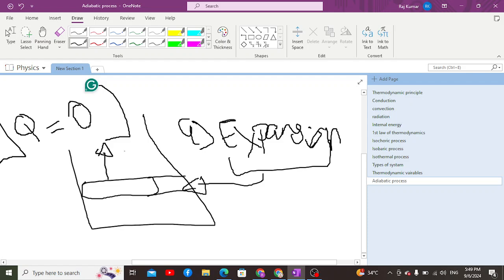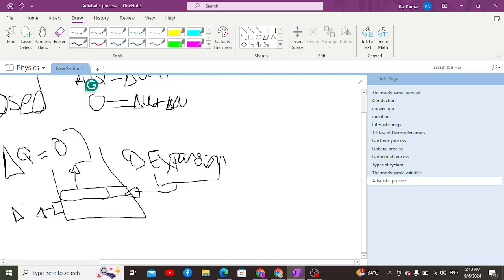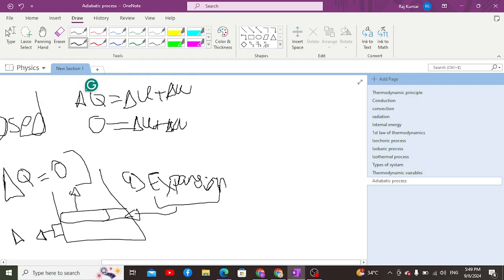Due to the increase in volume, the work done would be positive. As a result of the work done by the system being positive, the system will utilize its internal energy to do the work, because we don't have thermal energy over here. As a result, the internal energy would decrease and the work done would be positive.